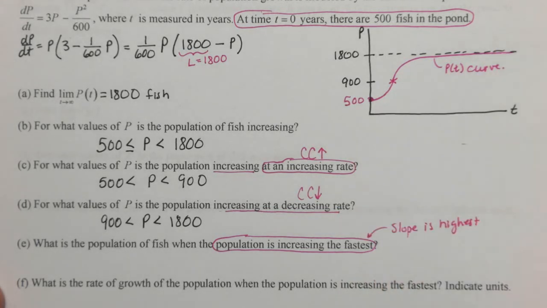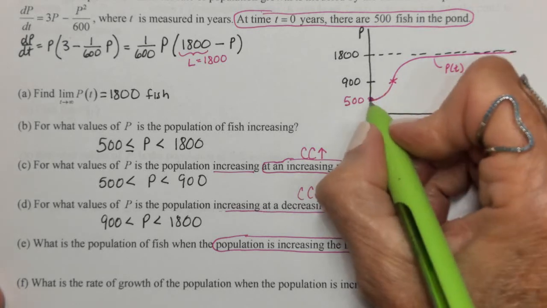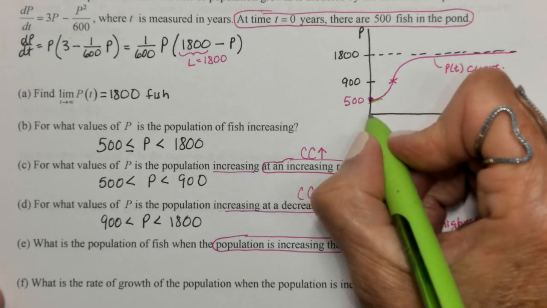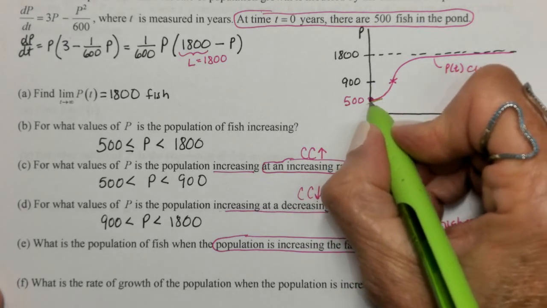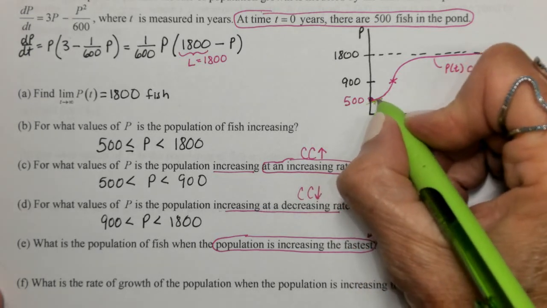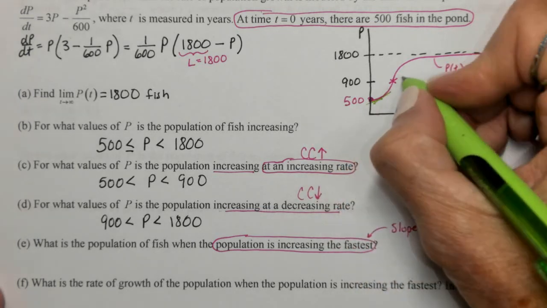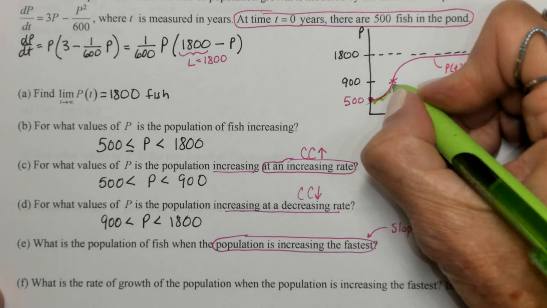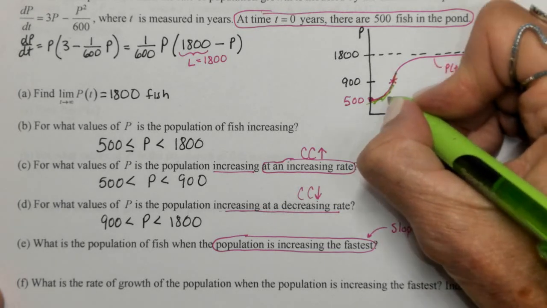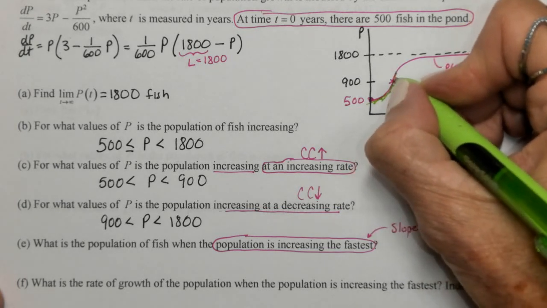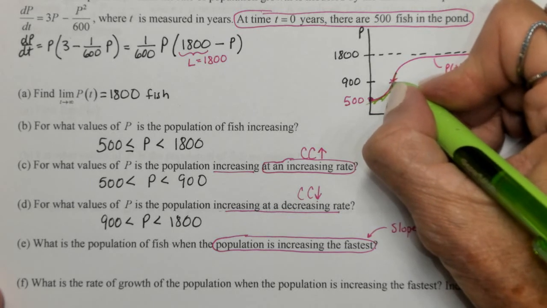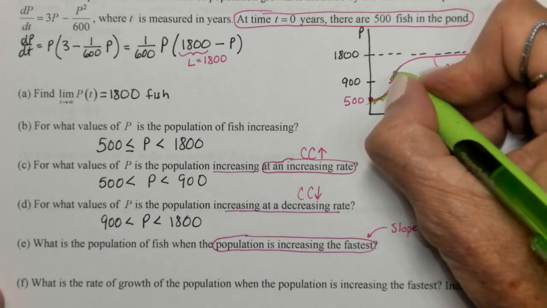So think of tangent lines here. This tangent line has a small slope. This tangent line has a steeper, higher slope. The tangent line gets steeper and steeper until we get to this 900, and then what happens to the tangent line?